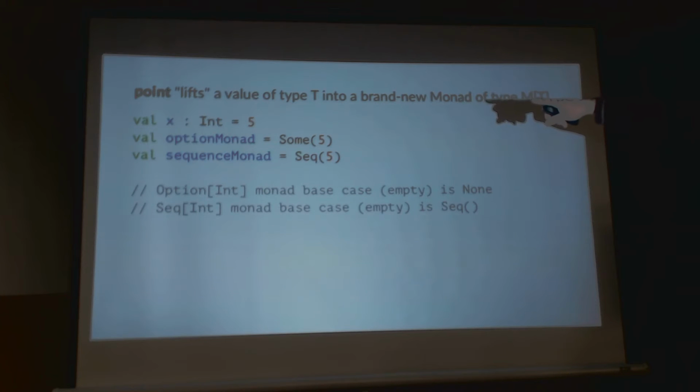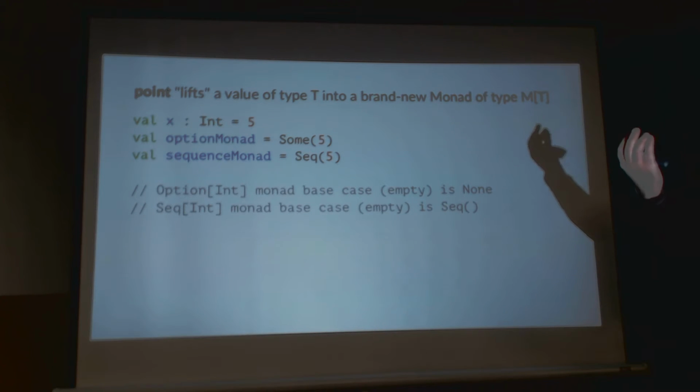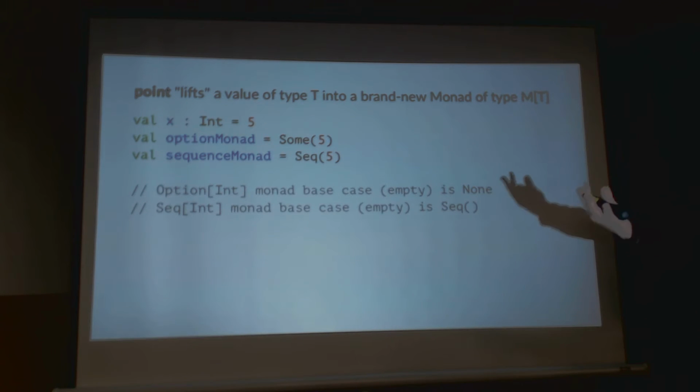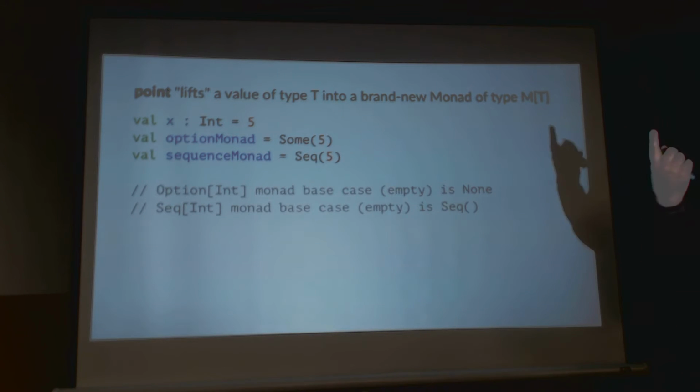But here, the point method allows you to take a value and lift it from its raw type into a monad. So Some(5) would give you an option value containing the number 5. Seq(5) would give you a sequence which is one element, which would be 5. And this is consistent with all monads. You can lift a value into it using the point method.